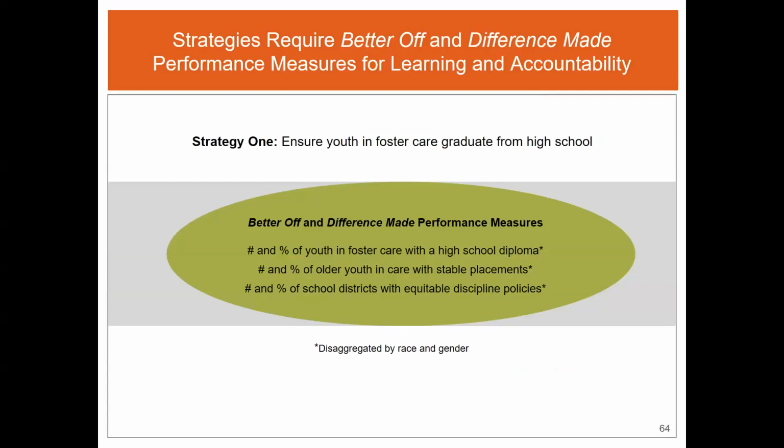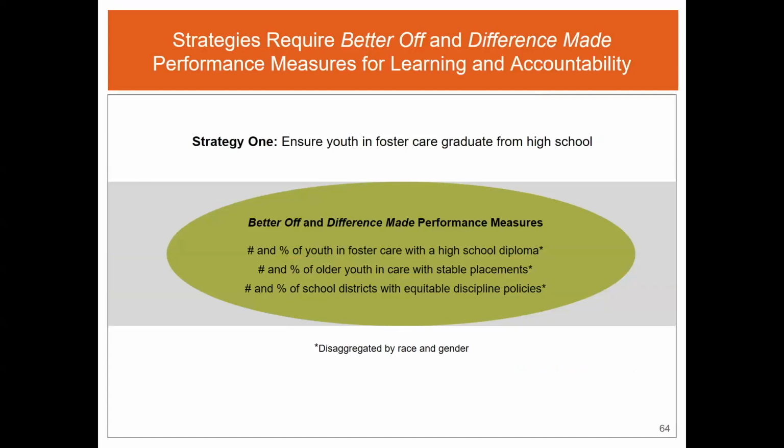So in this example, you can see that the better off measures came directly from the segmentation in the egg chart. Folks are really interested in this case in making sure that older youth in foster care get high school diplomas and that they're in stable placements. Those are both proxies, right? Proxy for education success and proxy for having stable and helpful connections to caring adults moving forward.